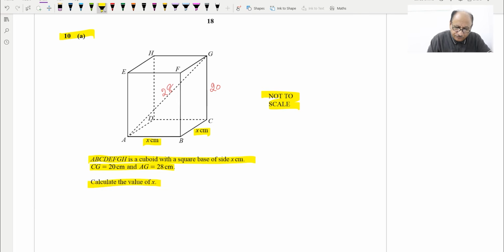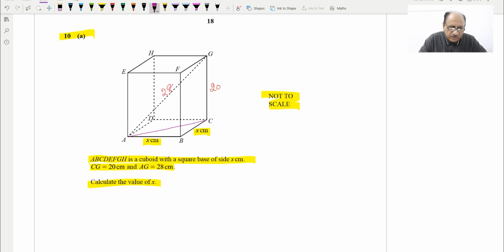So for that, first of all, we need to find the AC length. AC length is required, and AC will be this one.